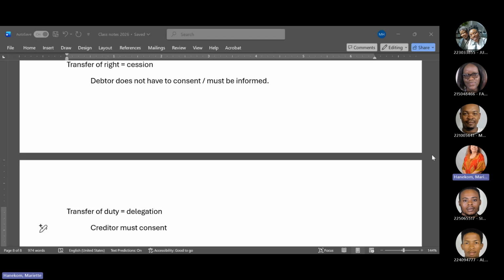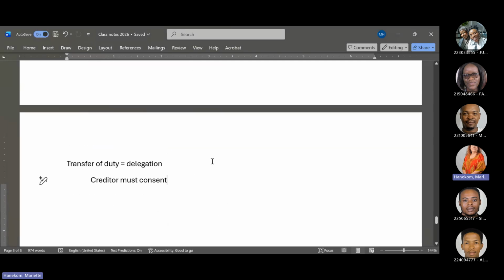Maybe I'm not sure that this person is actually going to pay me. Because remember, the moment the delegation has been completed, Mr. Ayala no longer has the duty. He's passed his duty on to somebody else. It doesn't fall back on him. So delegation can only take place if the creditor has consented thereto.